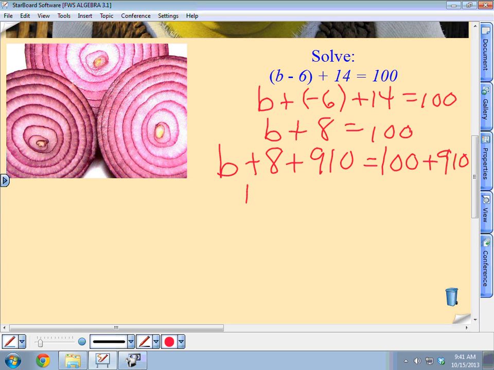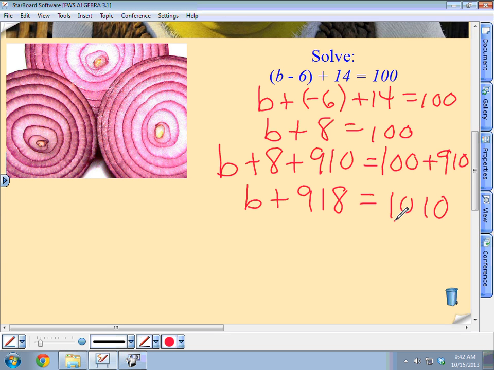I would just substitute 8 plus 910 and get b plus 918 equals 1,010. That looks a lot worse than this, a bigger ogre. So that wouldn't really help me solve this, but it is still a true statement. One of the concepts you really have to grasp is that you can add anything or subtract anything from both sides as long as you do the same thing to both sides.